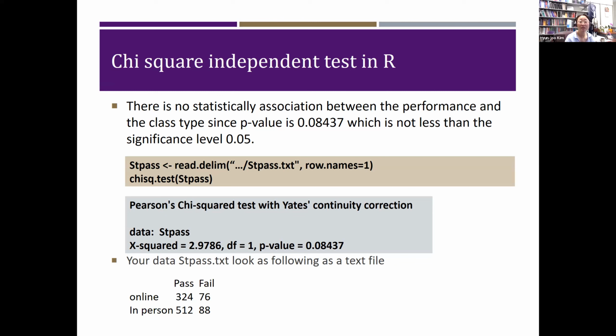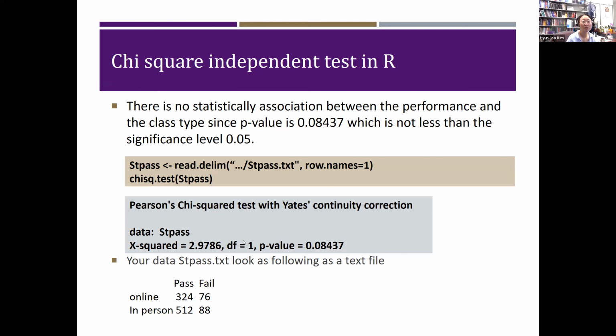Here, the test statistic is 2.9786. The degrees of freedom is the number of rows, 2 minus 1, which is 1, times the number of columns, 2 minus 1, which is 1. So 1 times 1 is 1.